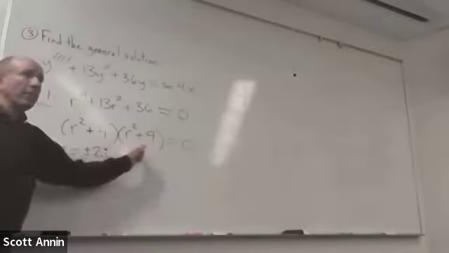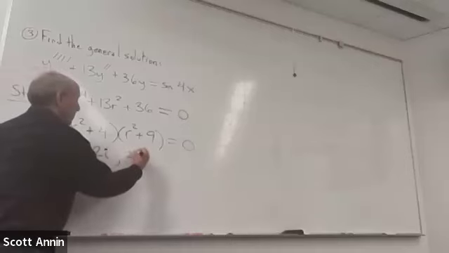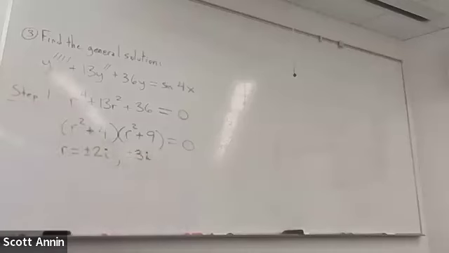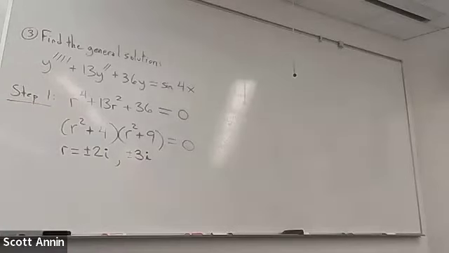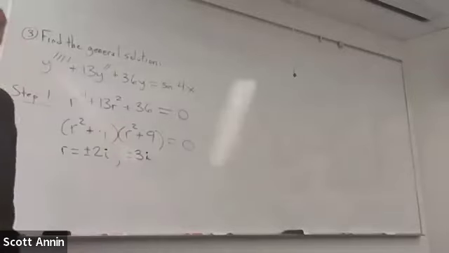And then how about the roots of the other polynomial? Plus or minus 3i. Great. Notice we have no repeats here. We have 2i, negative 2i, 3i, and negative 3i. So there's no stacking of roots here, but I do have purely imaginary roots.